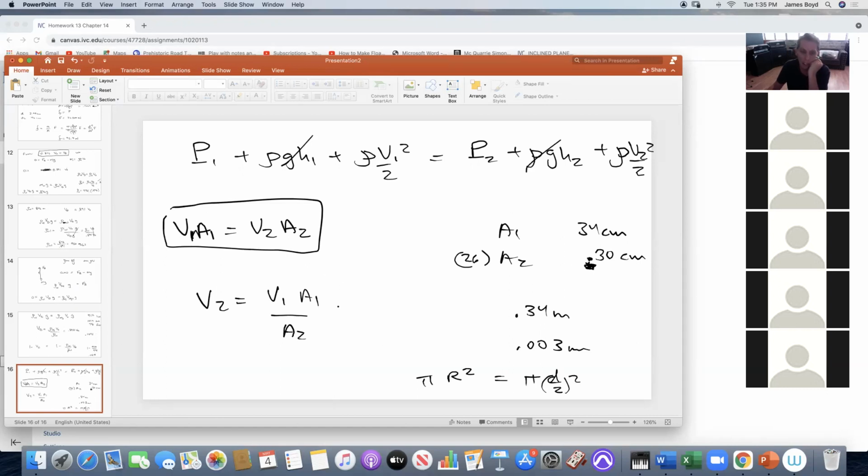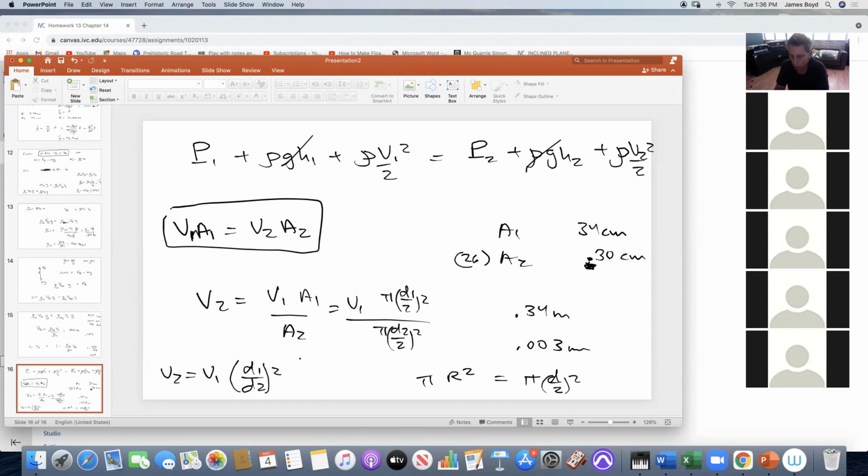So again, we get V1 pi d1 over 2 squared over pi d2 over 2 squared. The pi's and the 2 squareds cancel, and you get that V2 is V1 times d1 over d2 squared. Those you don't really need to convert.